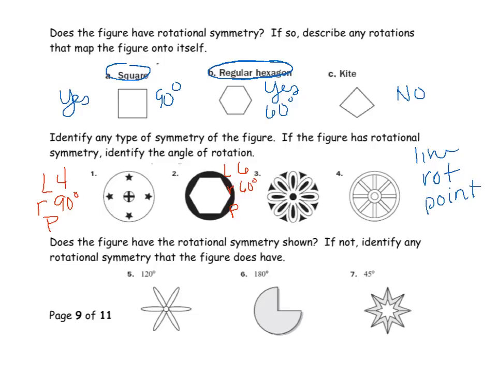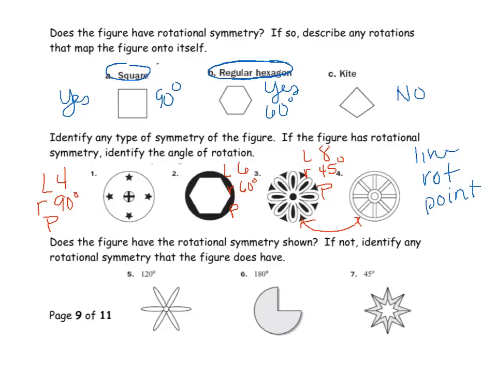For number 3 here, it gets a little more complicated, but it still has line, and there are 8. It has rotational of 45 degrees, which means that it also has point. And then oddly enough, these two are exactly the same when it comes to their symmetry. And I want you to try and figure out why they are exactly the same and be prepared to talk about that in class.